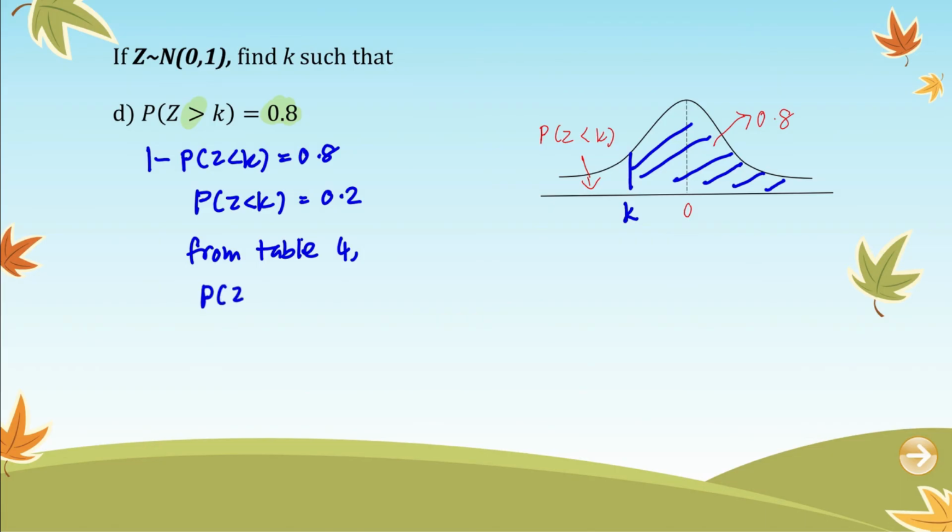So, Pz less than 0.8416. Don't forget to put negative because K is on the left side. This equals to 0.2. So therefore, K equals to negative 0.8416.